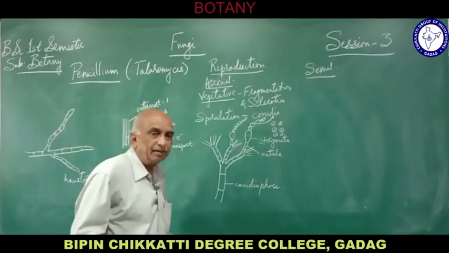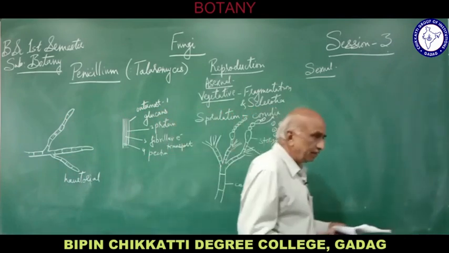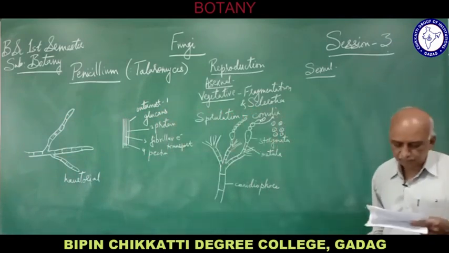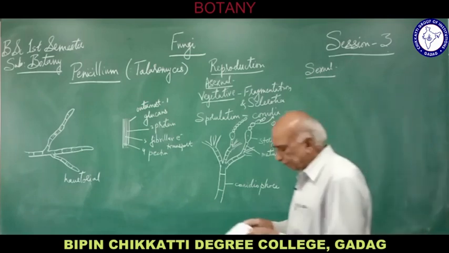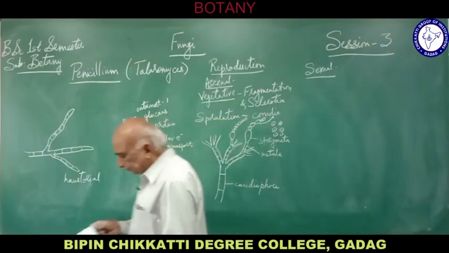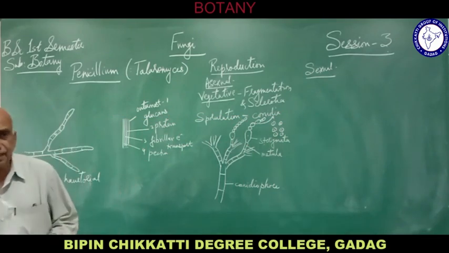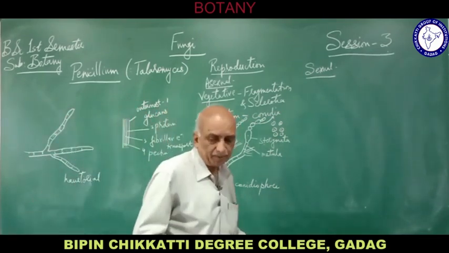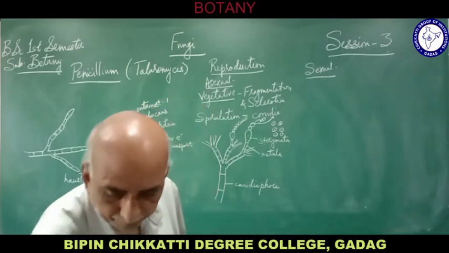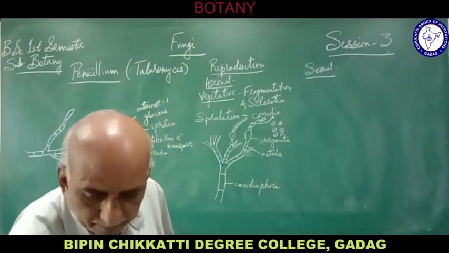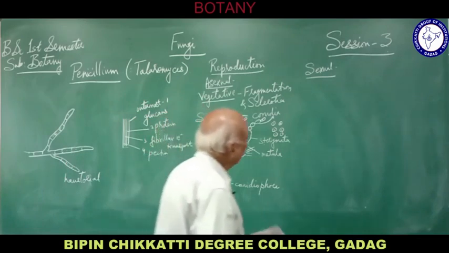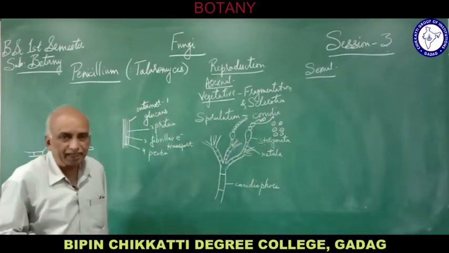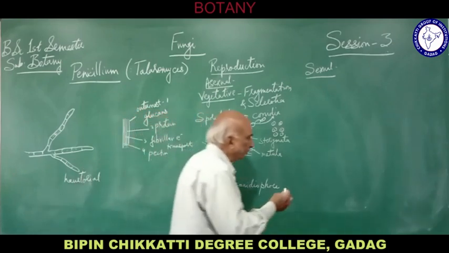The antheridium is the male reproductive structure, and the female ascogonium is produced in the hyphae. The Penicillium species are homothallic in nature, so a particular hypha produces an antheridium and an ascogonium.